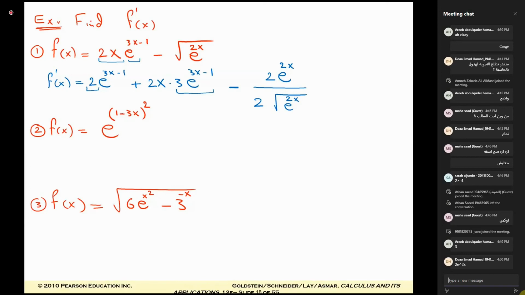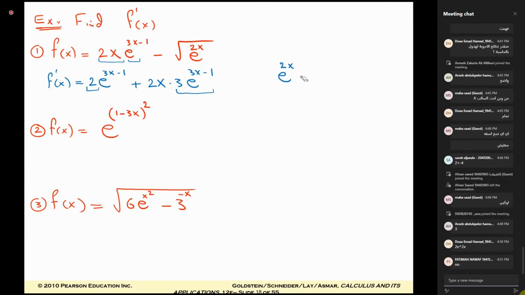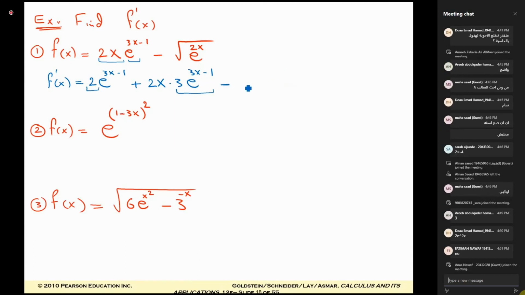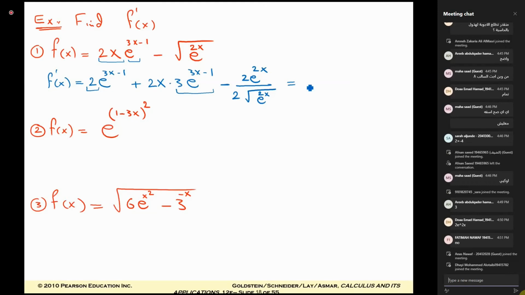Here we can simplify this one. To simplify, put it as a small fraction, and 2 e to the power 2x. If we need to simplify more, the first one stays as it is, 2 e to the power 3x minus 1. We can multiply 3 with 2, so we have plus 6x e to the power 3x minus 1. And this is the fraction.